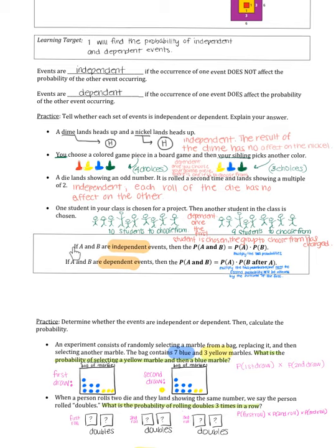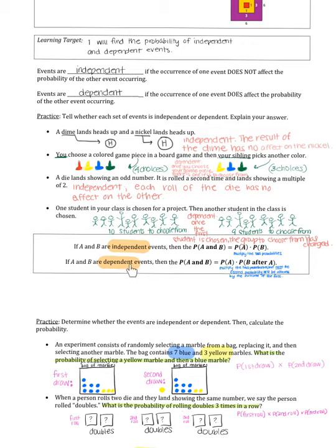Now, once we've determined if the two events are independent or dependent, that will change how we calculate the probability of both events happening. If the two events are independent and they don't affect each other at all, we simply multiply the two probabilities together. The probability of event A happening times the probability of event B happening.